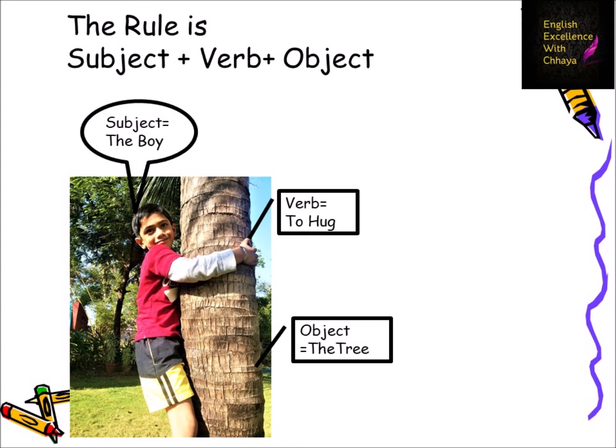That is, the object is the receiver of the action. Since the action of hugging is happening on the tree, the tree is the object. So, applying the rule subject plus verb plus object, the sentence will look like: the boy hugs the tree.